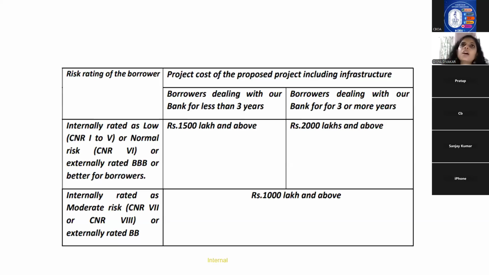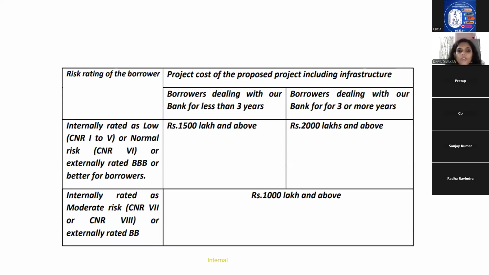Then if they are dealing with us for more than 3 years and they are very good at the rating, meaning low risk or normal, or externally triple B and above, it means 20 crore and above. If internally rated as moderate risk or externally rated BB and all, it means 10 crore and above. So remember, if it's a new customer, you're going for the project appraisal beyond 10 crore.